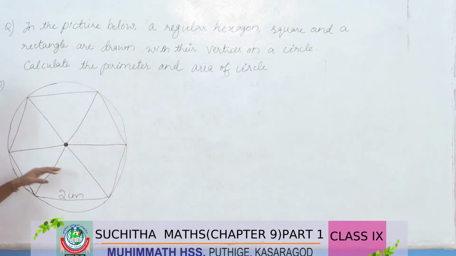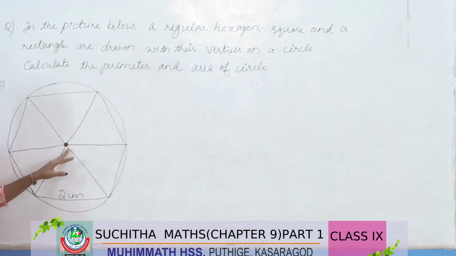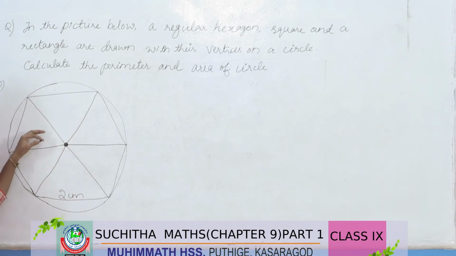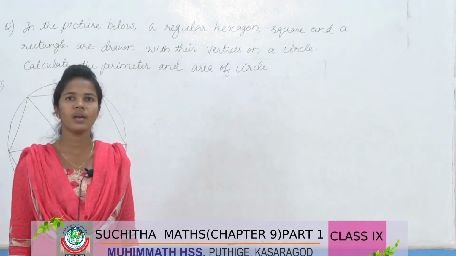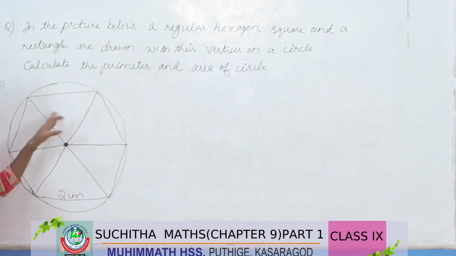Now we get 6 different triangles. In a regular hexagon, if we join the center and its 6 vertices, then we get 6 equilateral triangles. Equilateral triangle means all angles and all sides are equal. So here the 6 triangles are equilateral triangles.